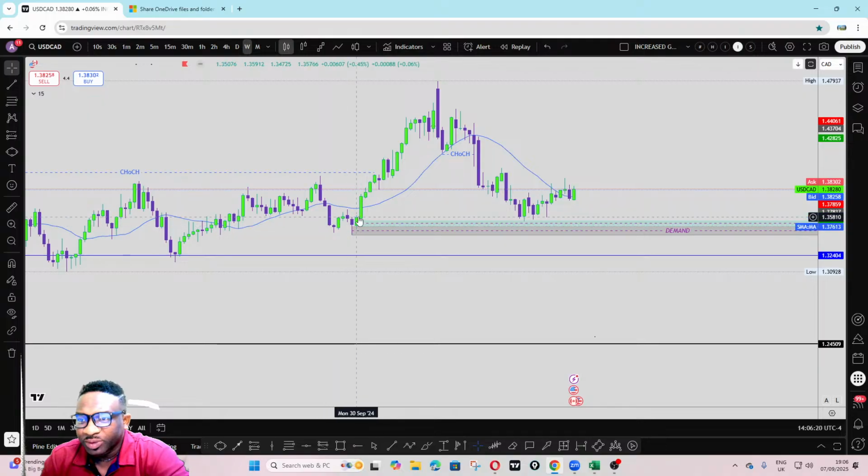Once we identify that, we have to originate it. If we're looking at the weekly, this is the last indecision candle before this impulse move that caused the change of character, or the break of structure as we may put it.